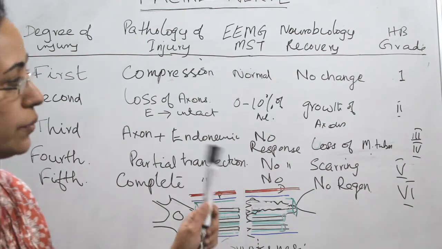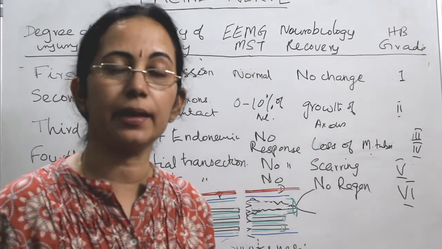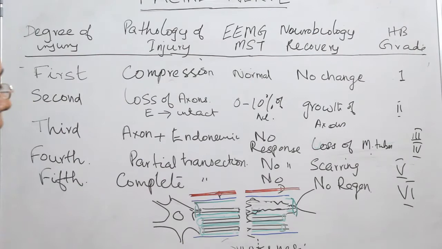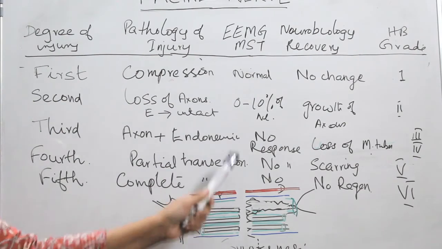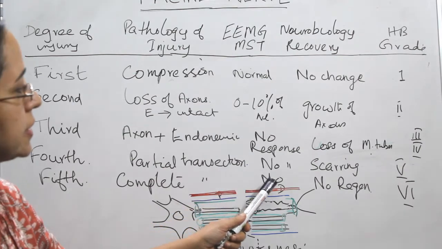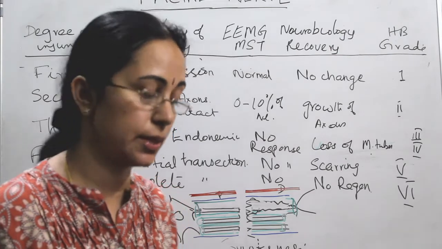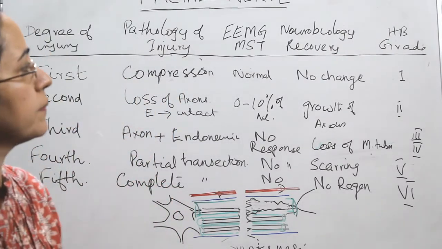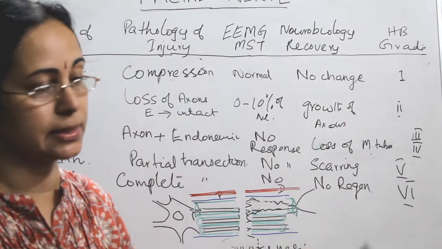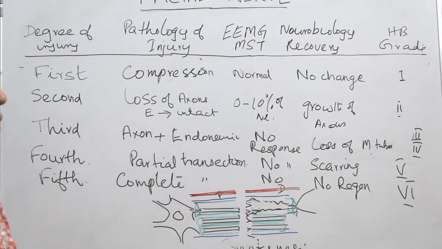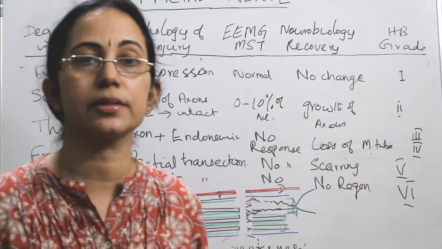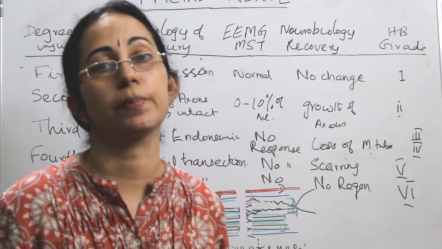The motion of the muscles is barely perceptible, barely visible. And the 5th degree injury is a complete transection. There is no response to electrophysiological testing. There is no regeneration of the axon, and no reanastomosis at the neuromuscular junction. House-Brackmann grading is 6, that is total dysfunction. There is no movement, no synkinesis, no contractures, and no spasm.